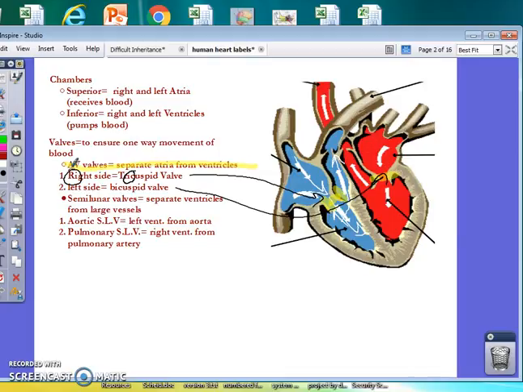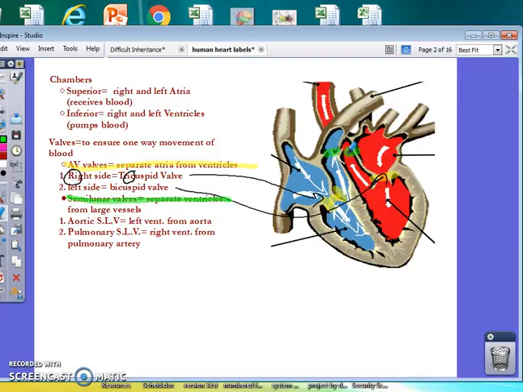Now we also have these semilunar valves, which are the valves that are located right here. There's a semilunar valve, and there's another semilunar valve.